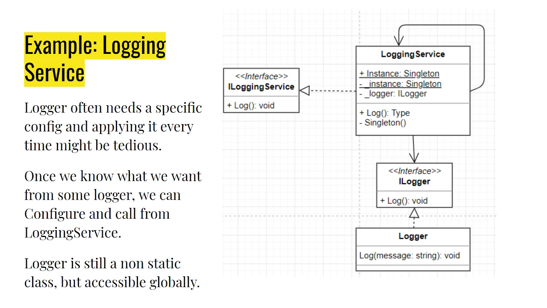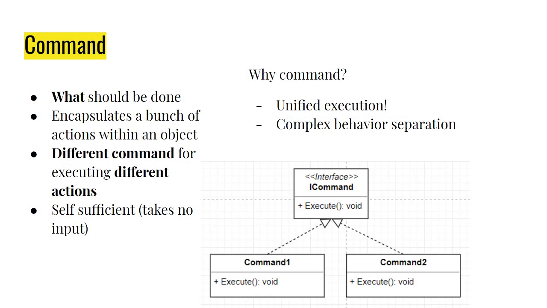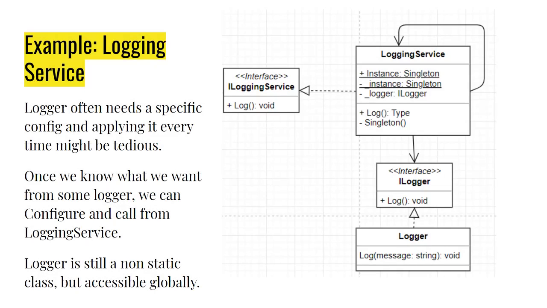The problem with a static class is that you cannot mock it away, and if it has more than one dependency, it will be a bit annoying and problematic, I guess. What is the arrow coming out of the logging service back into the logging service?